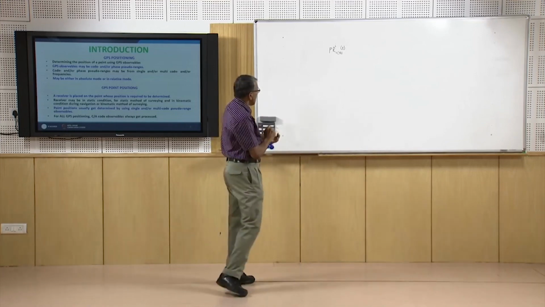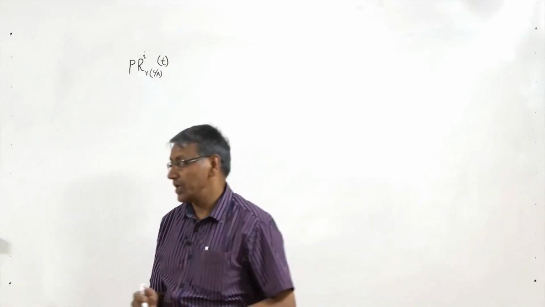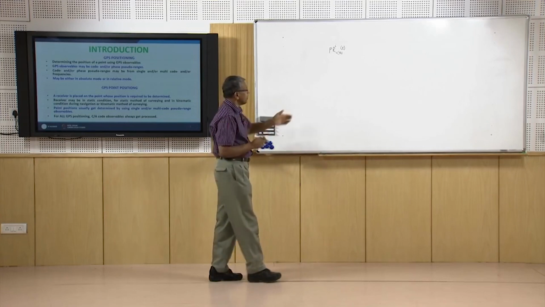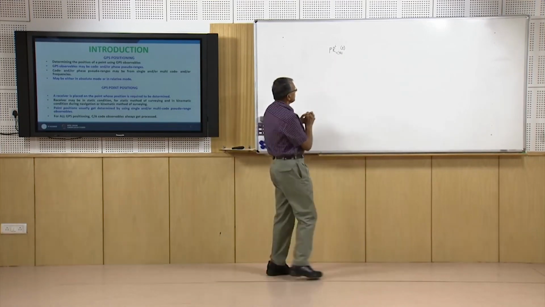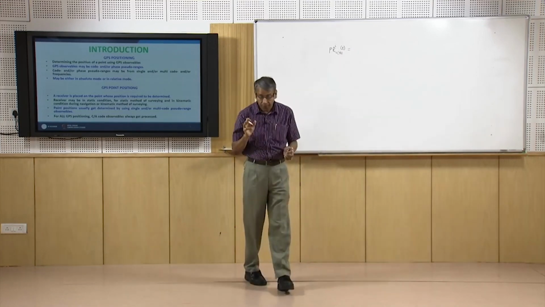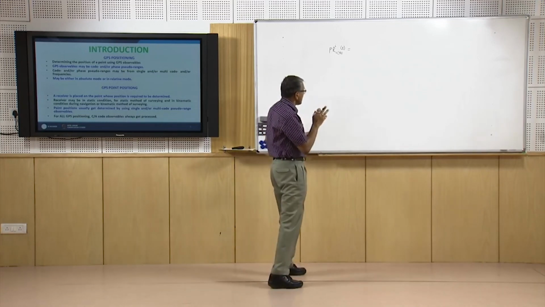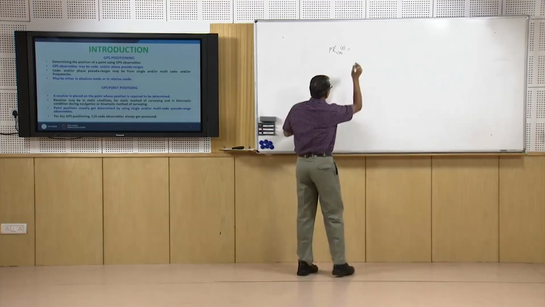Now we know that for the GPS observable, before going for positioning, we go for a pre-processing operation. The pre-processed GPS pseudo range observable may be written like this.